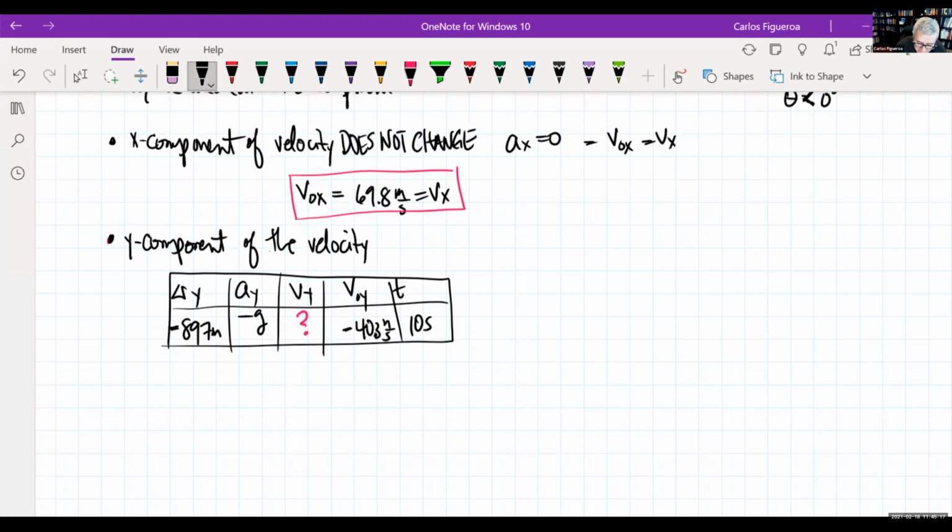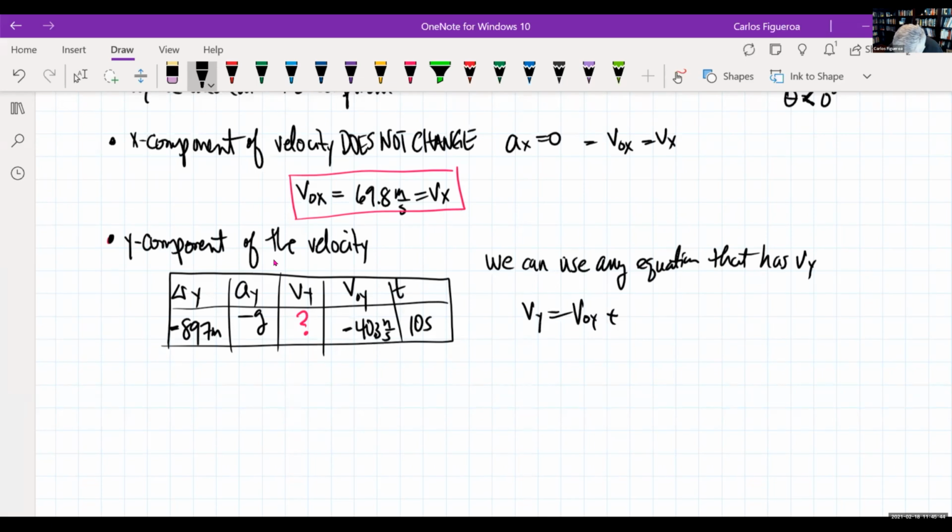So this implies that we can use any equation that has Vy. I'm going to pick the easiest one from the kinematics table, Vy equals V initial y plus Ay times t. That seems to be the most logical one.